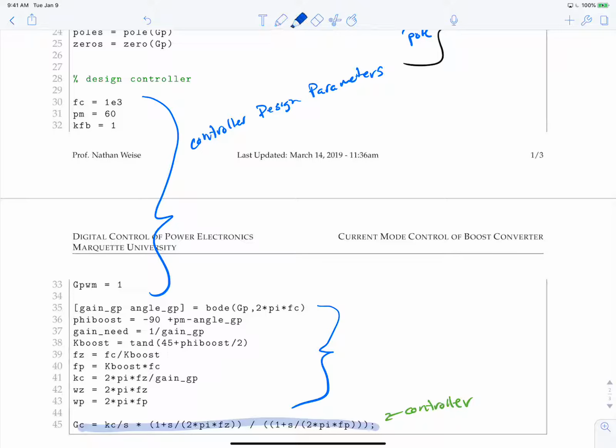Then we calculate how much phase boost we need from the controller in line 36, the gain we need from the controller in line 37. Line 38 gives us essentially what K boost is, that ratio is how far apart the poles and zeros are to give us the proper phase boost. And then essentially lines 39 through 43 give us our controller integrator gain and our pole and zero location.